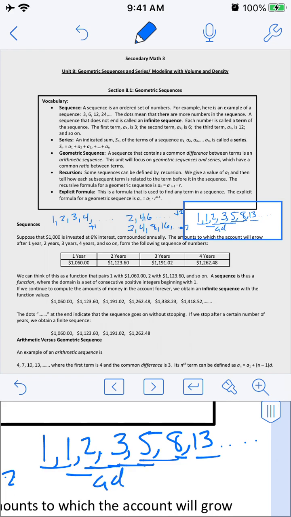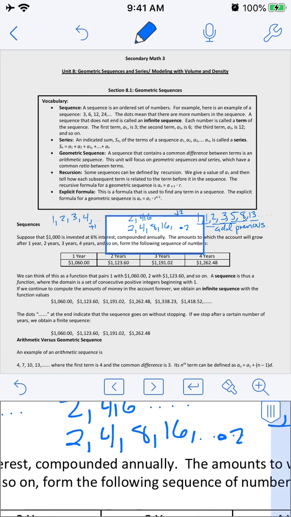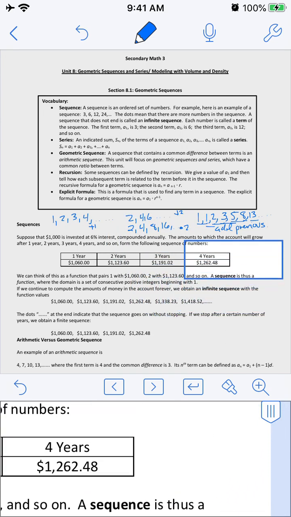So add previous. The types of sequences we're going to focus on are the multiplying patterns. So for example, 2, 4, 8, 16, or we could have 1, 3, 9, 27, and then also kind of a dividing pattern as well, although we consider it multiplication by a fraction.